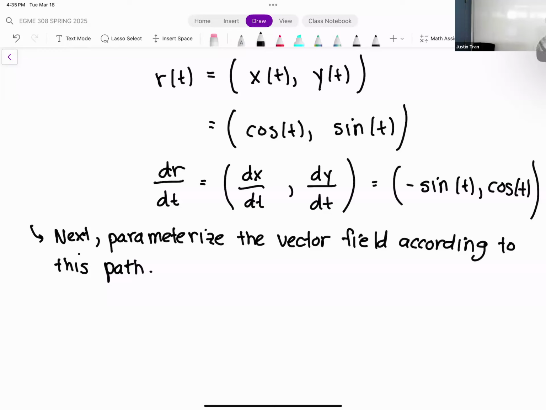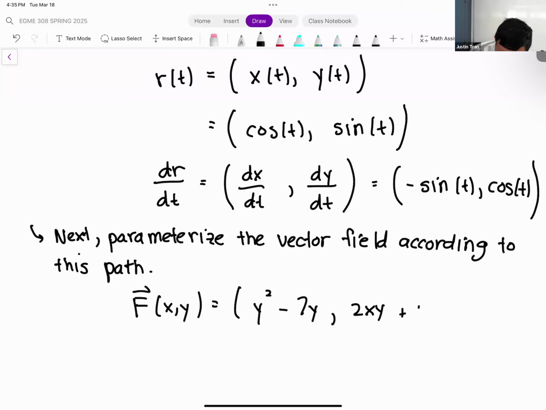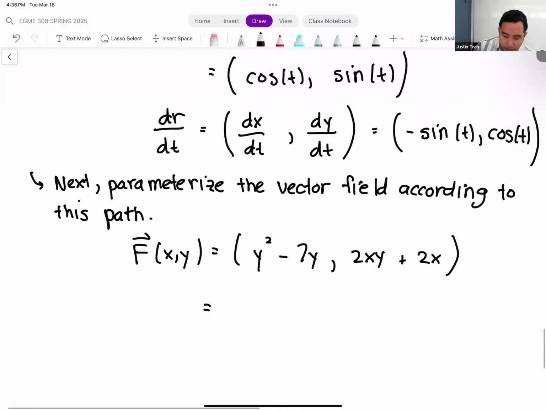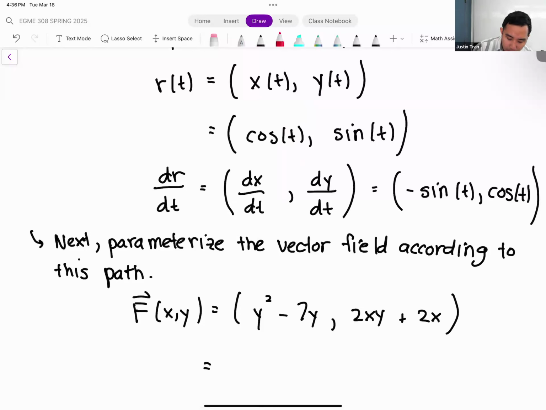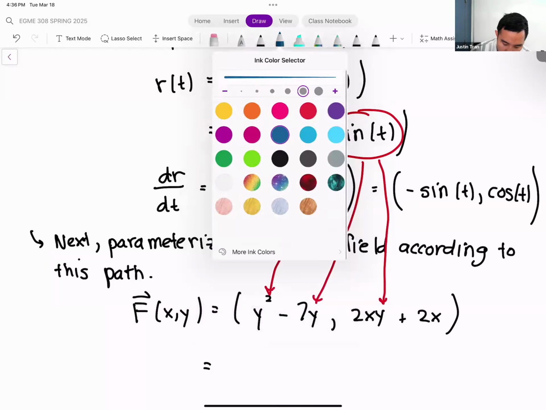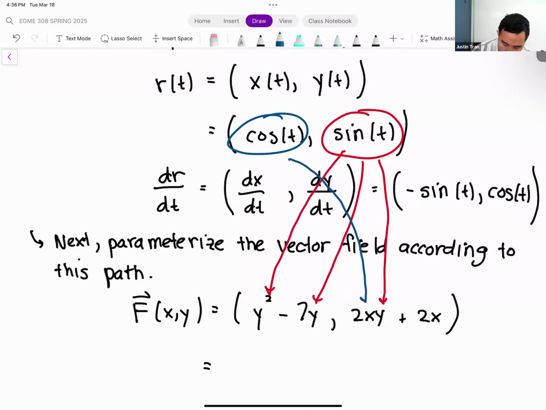We're going to take our vector field, and everywhere we see x and y, we're going to plug in our parameterization. So if we go back to the problem here, we have our vector field f of x and y is equal to y squared minus 7y, comma, 2xy plus 2x. Let's plug in our parameterization. Everywhere that we see y, we're going to plug in sine of t, because that's what our parameterization defines for us. And everywhere that we see x, we're going to plug in cosine of t.